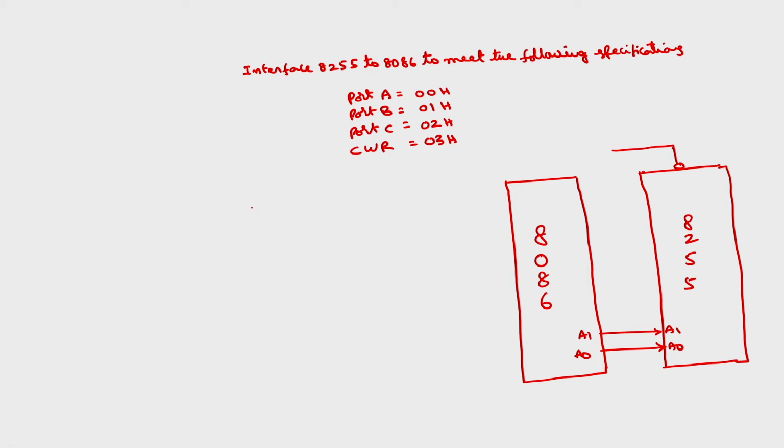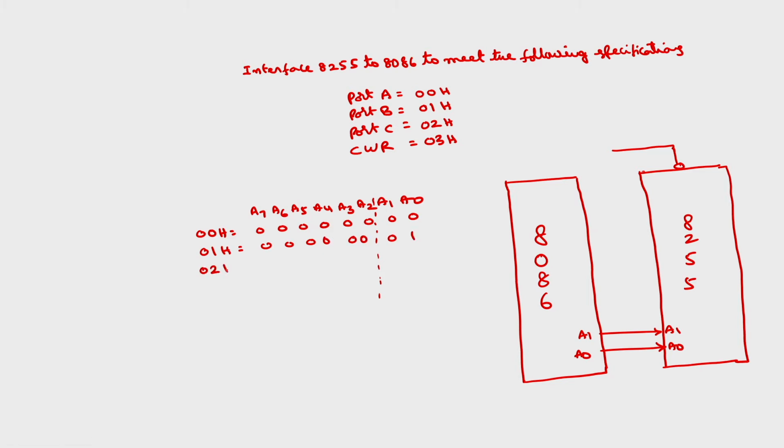So what is the address map for port A? A7, A6, A5, A4, A3, A2, A1 and A0. 00H is equivalent to 00000000. 01H is 00000001. 02H is 00000010. 03H is 00000011.